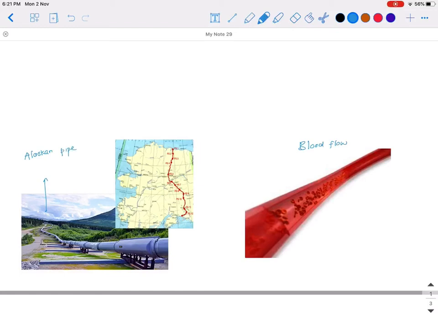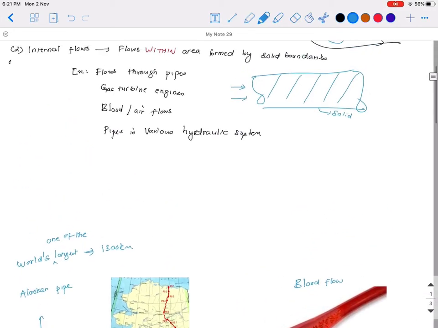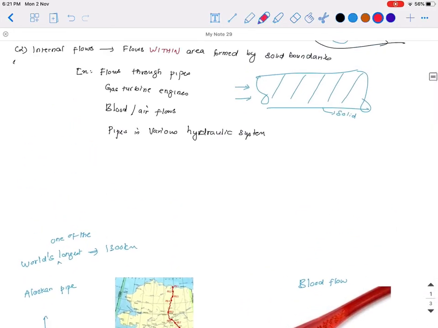This is the world's longest piping system, or probably one of the longest, around 1300 kilometers. So we are going to discuss internal flows in this chapter.